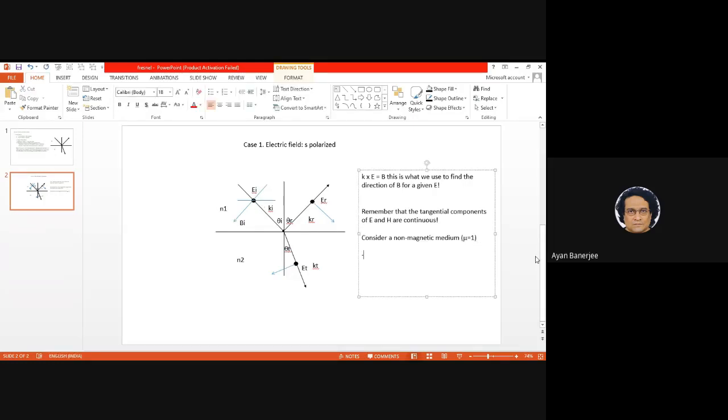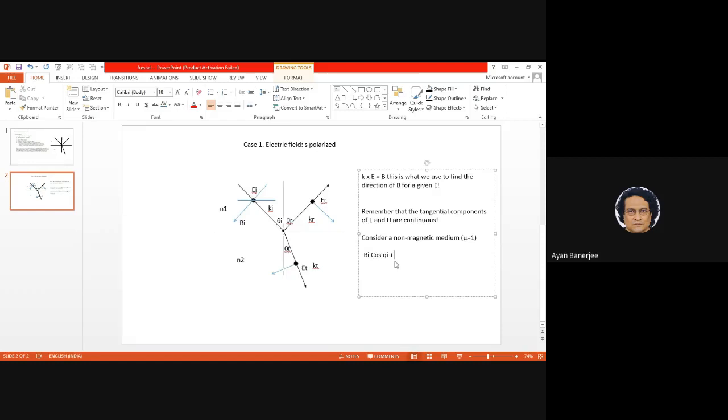It is a negative sign because that is the one that I have. This is Bi, that is minus Bi. So I will straight write down minus B. Mu is 1, so B is H. So minus Bi cos theta I.